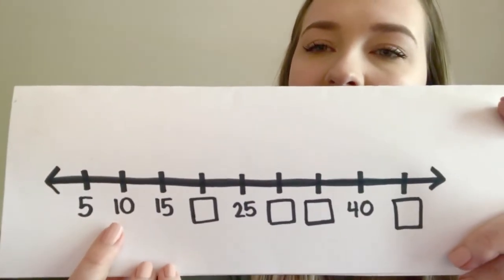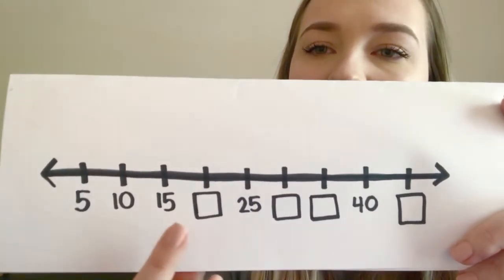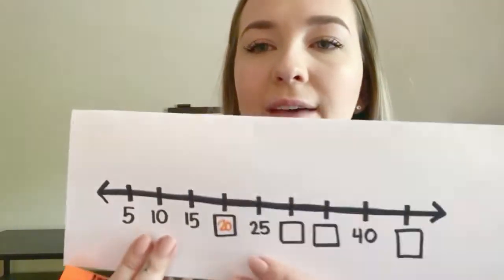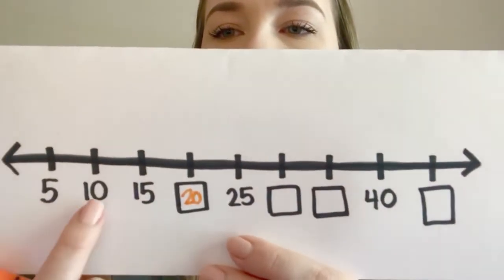5, 10, 15, 20. You're right. You can use a 100s chart to help you with this, but when we're counting by 5s, every number ends with 5 or a 0.